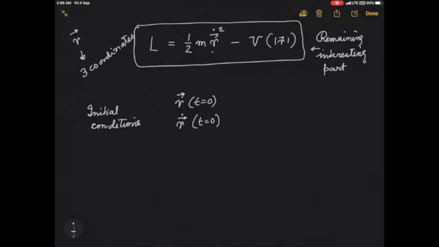Now, if these are the two initial conditions, then there are two vectors. So I can draw these two vectors. I draw one r and one r dot. Okay, and in the most general case, they will not be collinear.